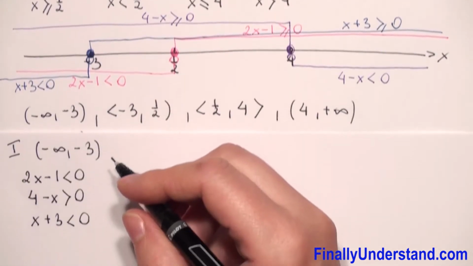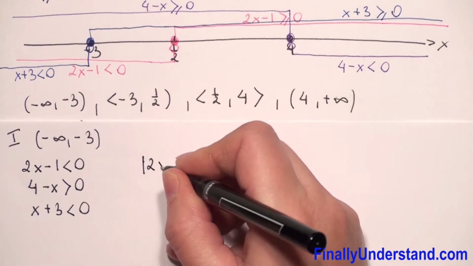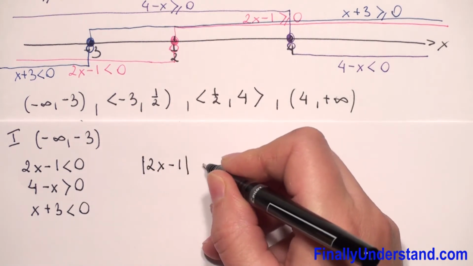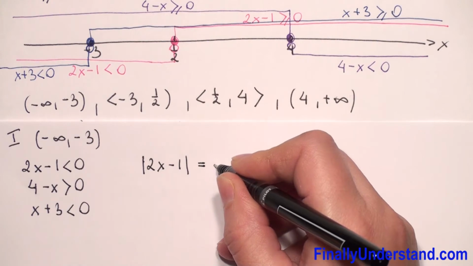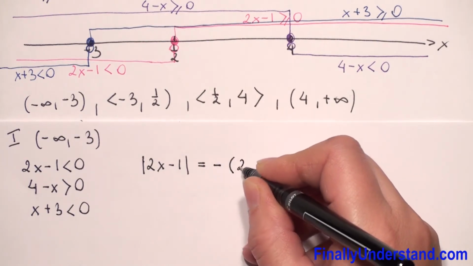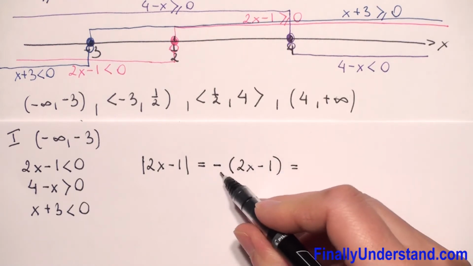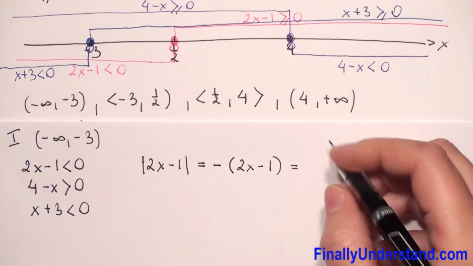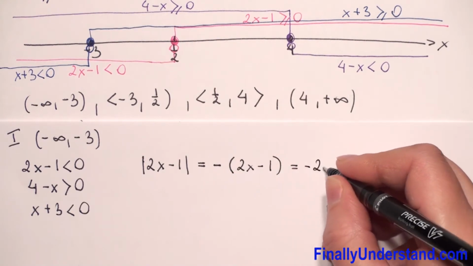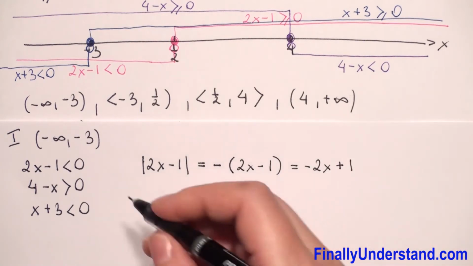So the absolute value of 2x minus 1 will be equal to negative, in parentheses 2x minus 1. So we have to change the sign inside this parenthesis, so it will be negative 2x, and negative gives me positive 1.